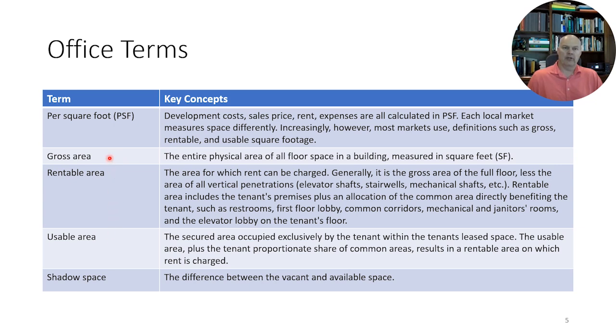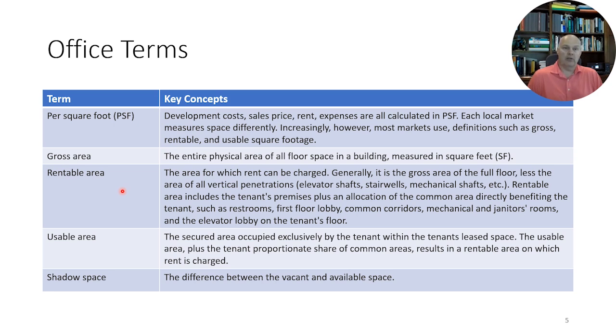Gross area is the entire physical area of all the floor space in the building, and of course, you're measuring it by square feet. The rentable area is the area for which the rent can be charged. Generally, it is the gross area of the full floor less the area of all vertical penetrations, which include elevator shafts, stairwells, mechanical shafts, etc.